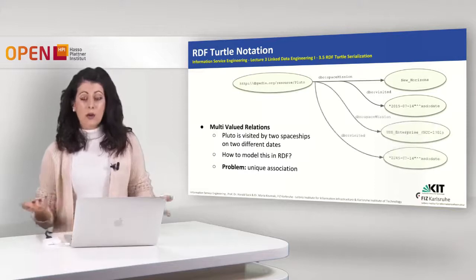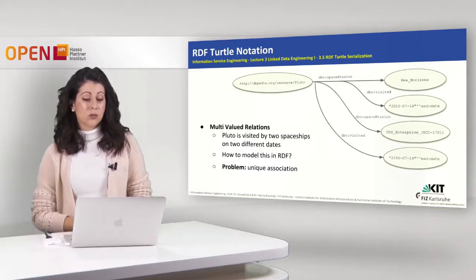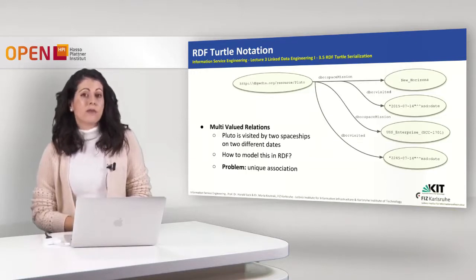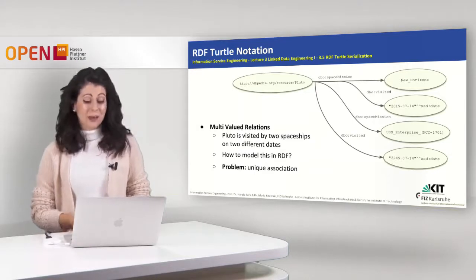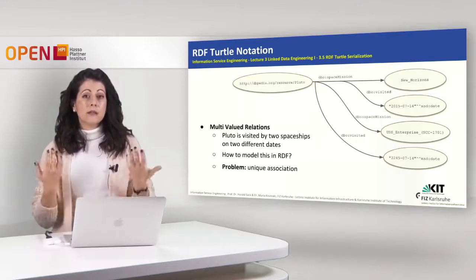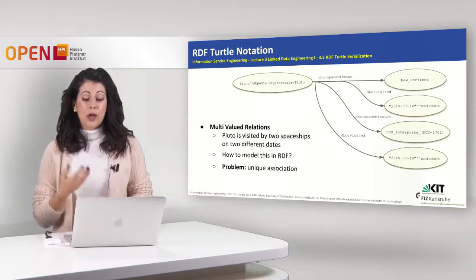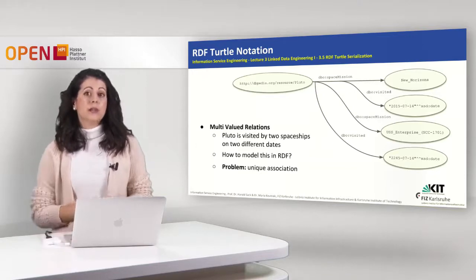One could say, okay, perfect, we assign 2 more properties to the entity Pluto, one called space mission and another one visited, to represent this new visit. But the thing here is that we don't have a unique association anymore, since the information is mixed. We don't know which date is associated to which spaceship.